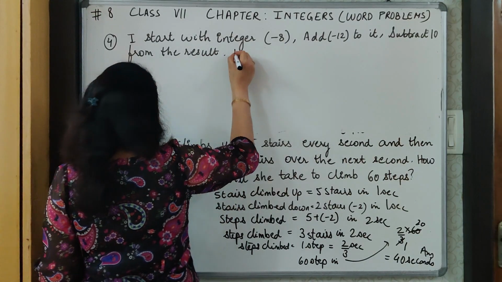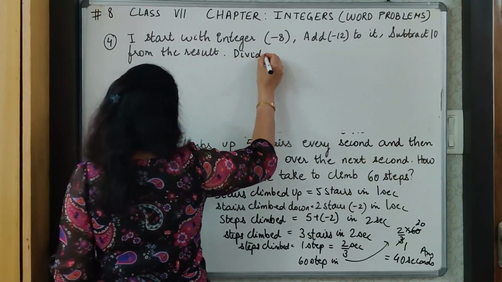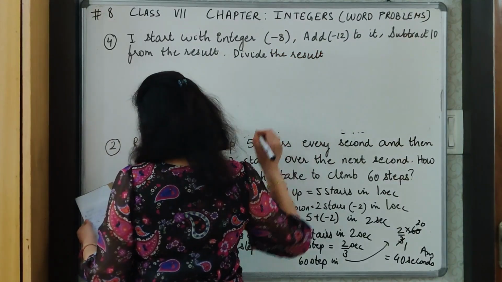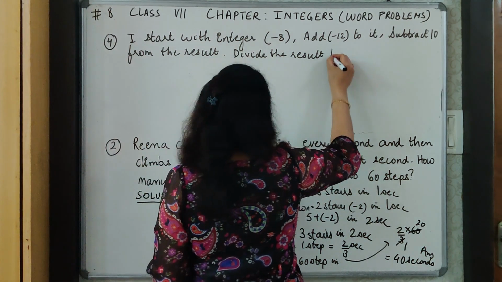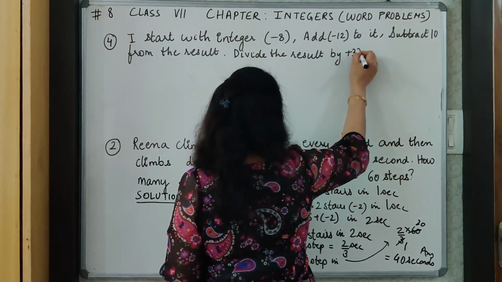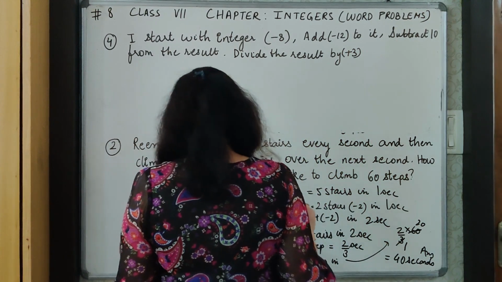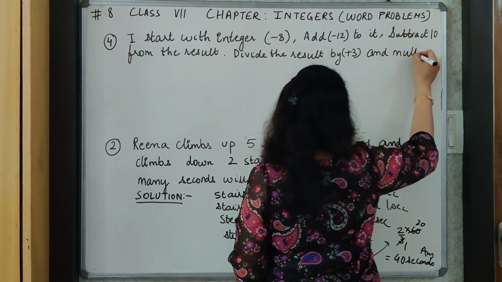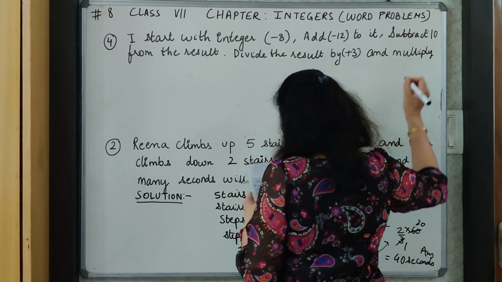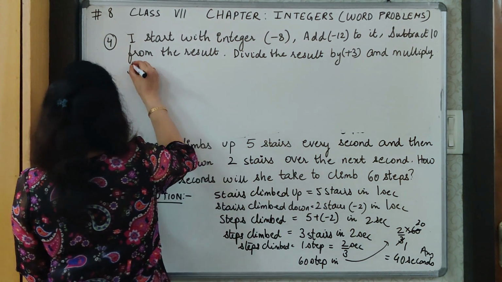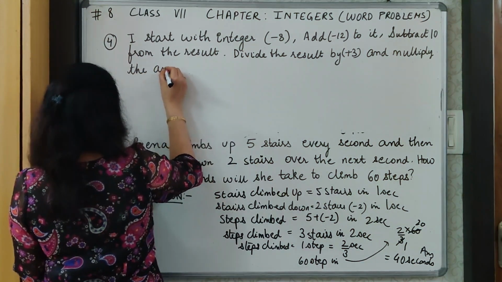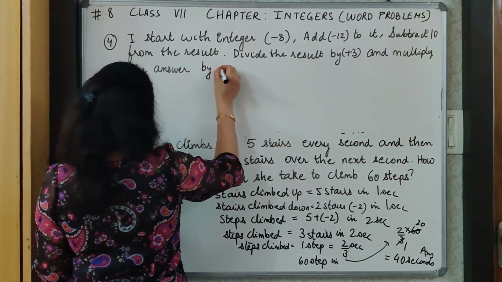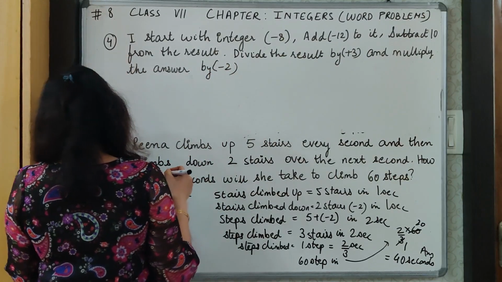Then I divide the result by +3 and finally multiply the answer by -2.